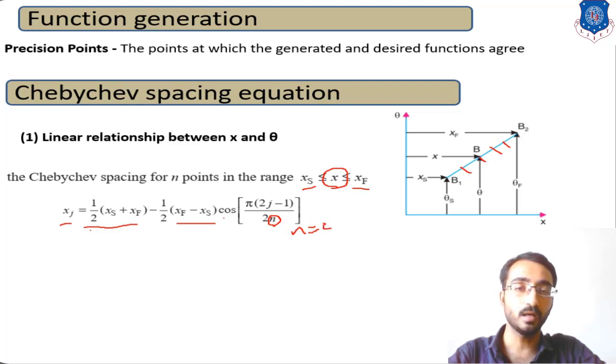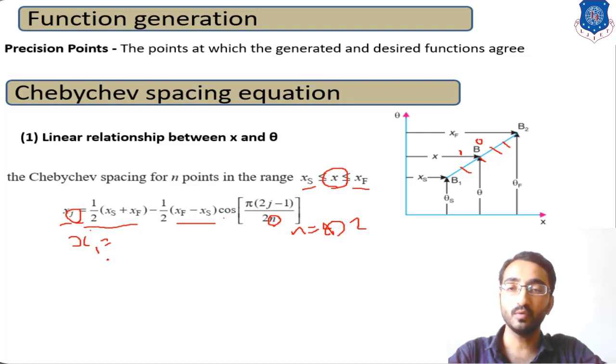If there are only 2 precision points between these 2 points, then it will also work, and I have to put n is equal to 2. With n equal to 2 and j equal to the point number, if you want to calculate the distance of point 1, then x1 is obtained by replacing j with 1.